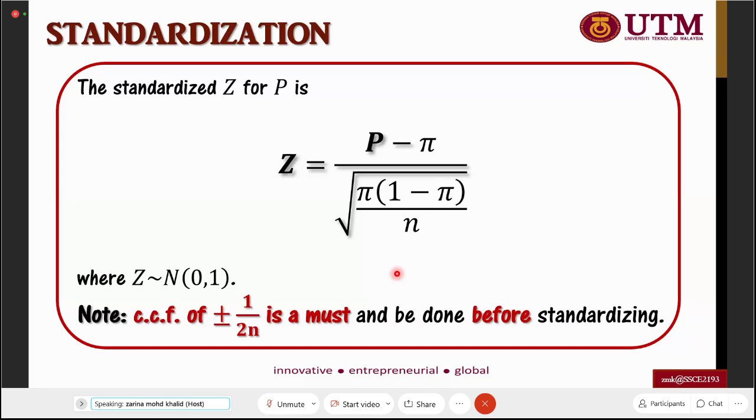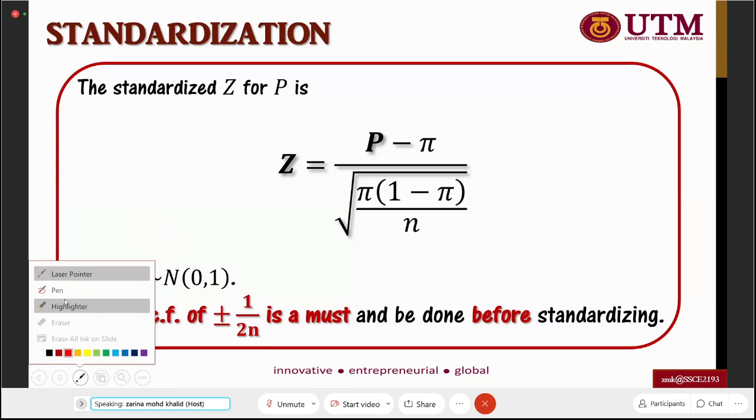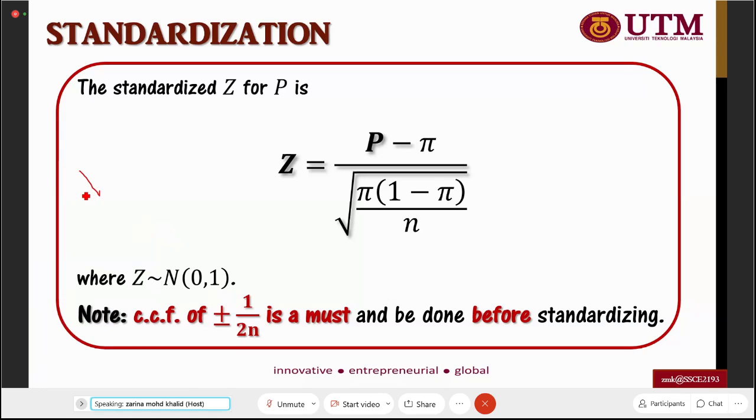You have to take into account the continuity correction factor. This is a must. For P, it has to be plus or minus 1 over 2n. At X level, you have plus or minus 1 over 2. So X is binomial. When you talk about approximation to normal, you will have plus or minus a half.